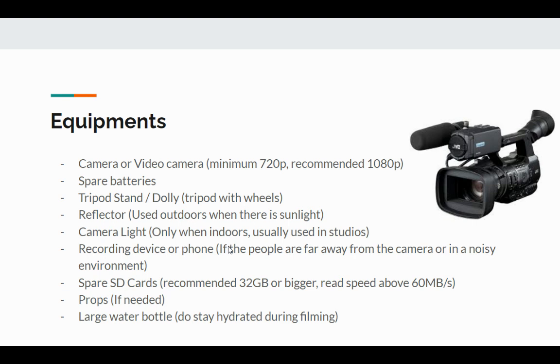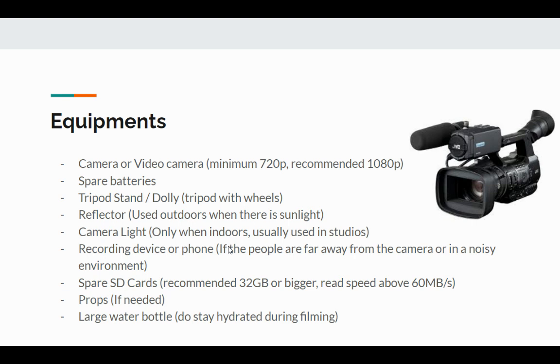If your resolution is too small, when you view it on your phone, it's clear, but when you view it on a big screen, certain parts may appear a little blurry. So do take note of that. So tripod, stand, dolly is used to support your camera, but please do not bring it to crowded places, as I've said earlier. It's more appropriate to use in open areas.